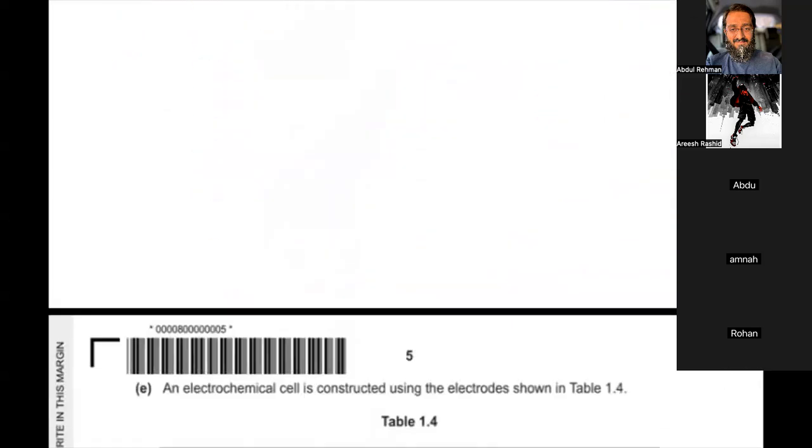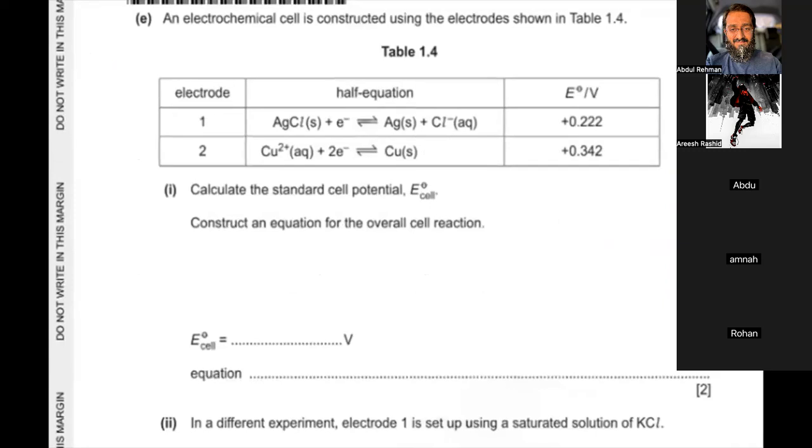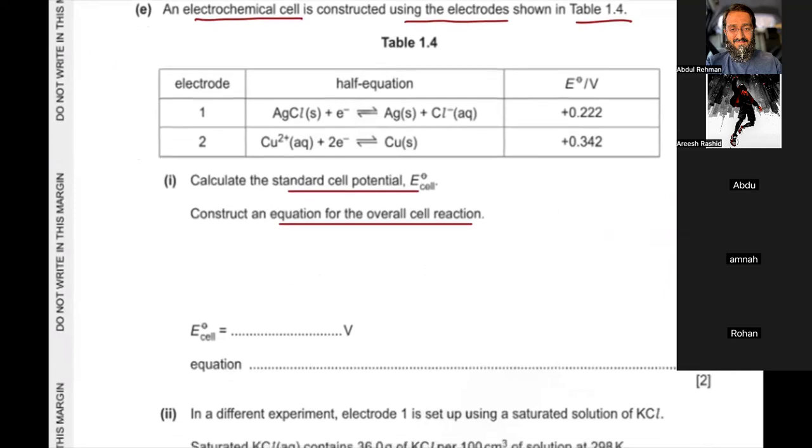Okay. Now part E. An electrochemical cell is constructed using electrodes shown in table 1.4. Calculate the standard cell potential E0 cell, and construct an equation for the overall cell reaction. Okay, so calculate the E0 cell.